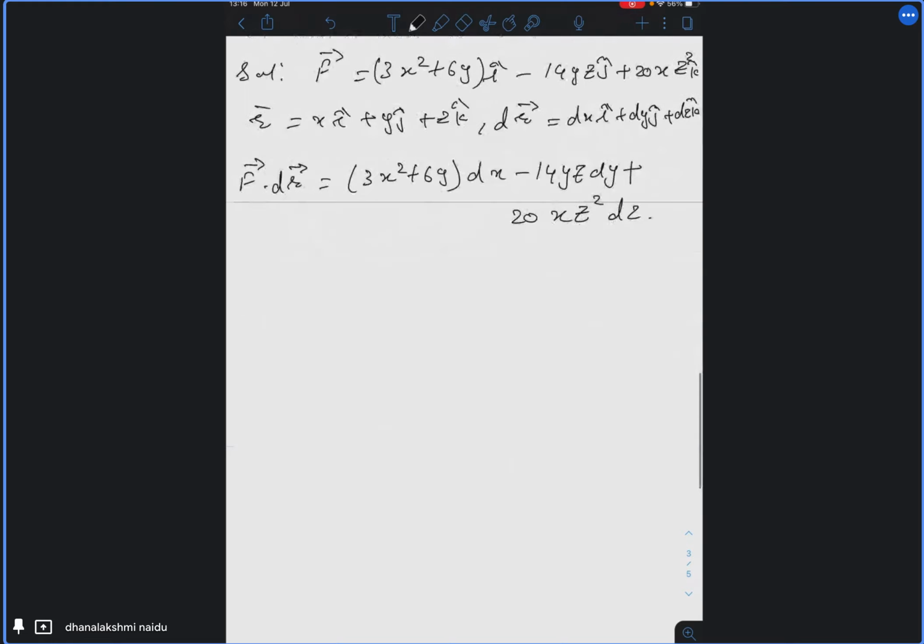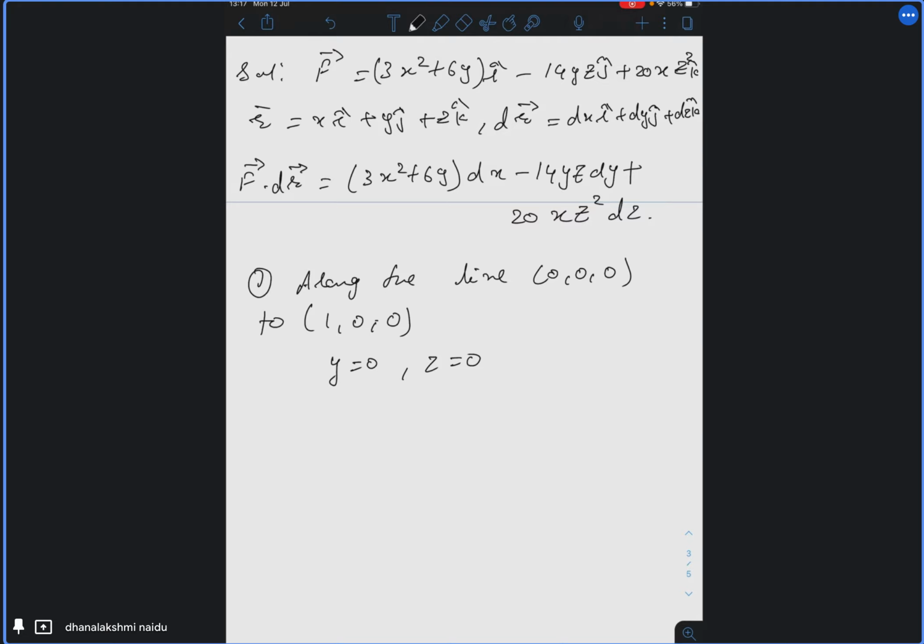So first you will calculate along the line 0, 0, 0 to 1, 0, 0. Now look at these points on the line. What we have is y equal to 0 and z equal to 0.